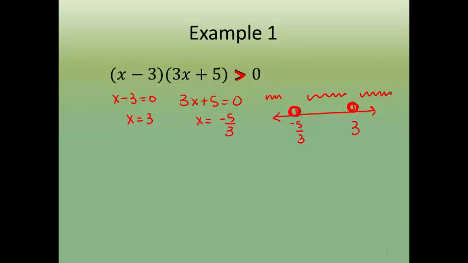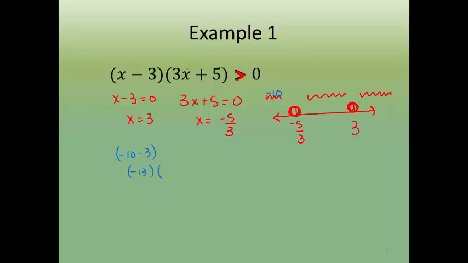So for example, something that is smaller than negative 5/3, and you can choose an extreme value if you'd like. So maybe negative 10 is something I will test. I want to know that if I substitute a negative 10, that I get a true statement, or if I get a false statement. So when I substitute negative 10 in here, negative 10 minus 3 is negative 13.